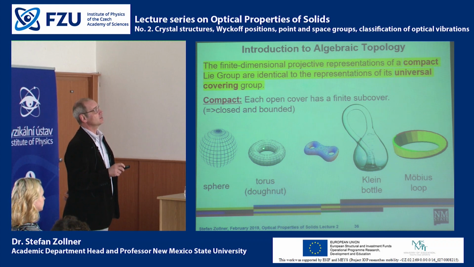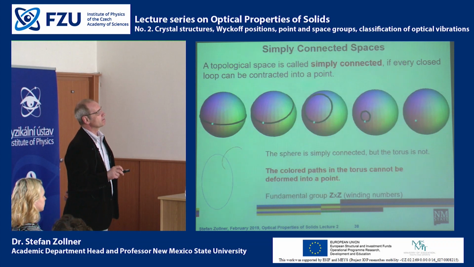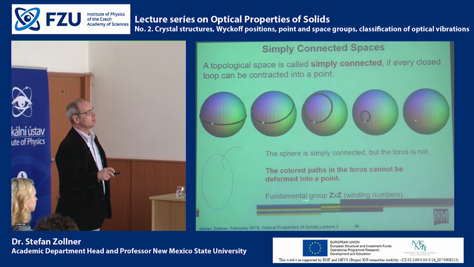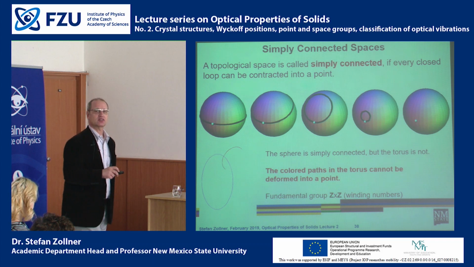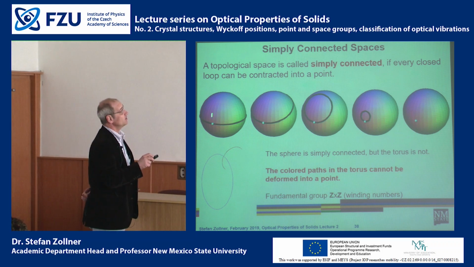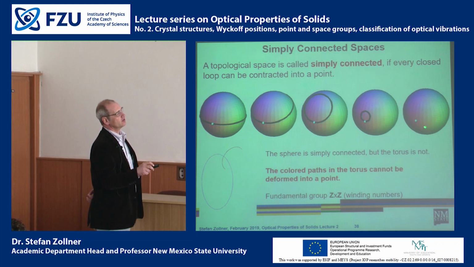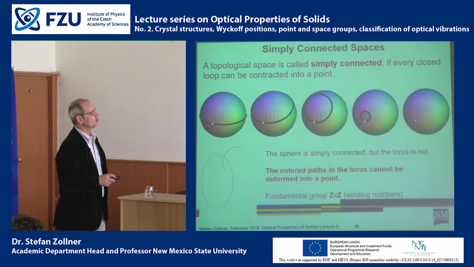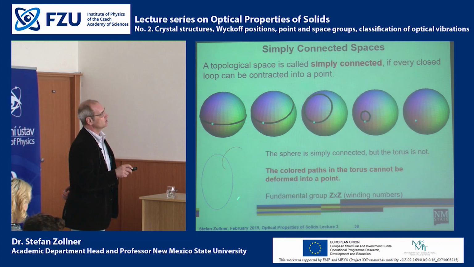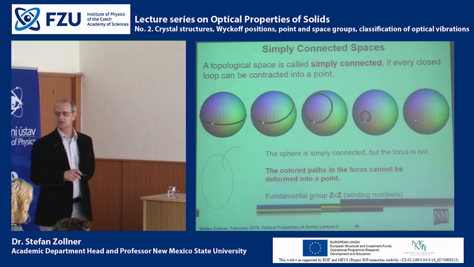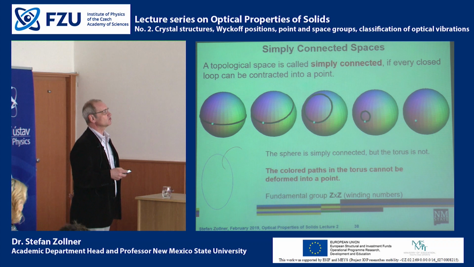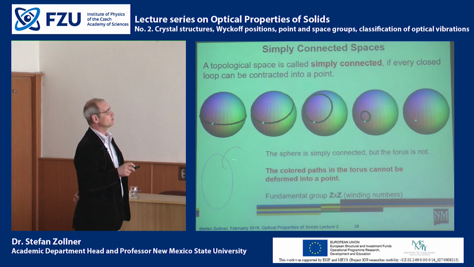So the torus is not simply connected, but the sphere is. The fundamental group classifies the paths that we can have in a torus. On a sphere, the fundamental group is trivial because every path can be contracted onto a point. But in a torus or in a circle, we can go around n times. So the fundamental group tells us how often we have to go around here.